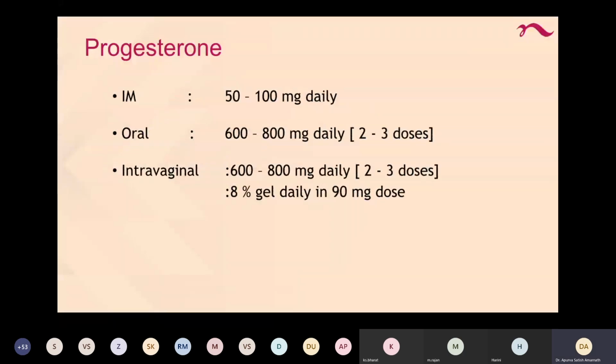The commonly used routes are intramuscular, that is 50 to 100 milligram daily. Oral doses of 600 to 800 milligram daily, if natural progesterone is used. In case of dydrogesterone, it is between 20 to 30 milligram daily. Intravaginal doses are 600 to 800 milligram capsules or 8% gel daily in a 90 milligram dose.